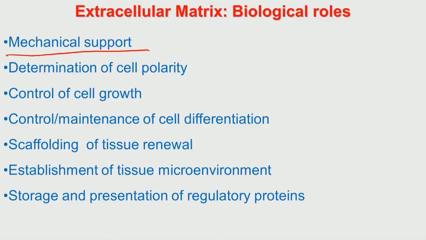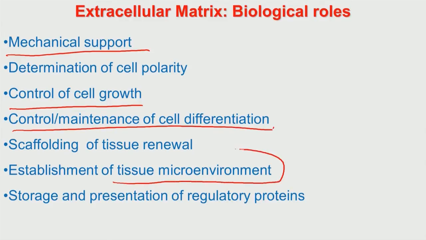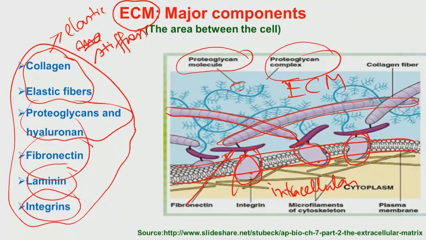It provides mechanical support, it also controls cell growth and the maintenance of cell differentiation, and it also establishes the tissue microenvironment. Many of these components of the extracellular matrix are synthesized or secreted by the biological cell itself, and they go outside the cell by a process called exocytosis.